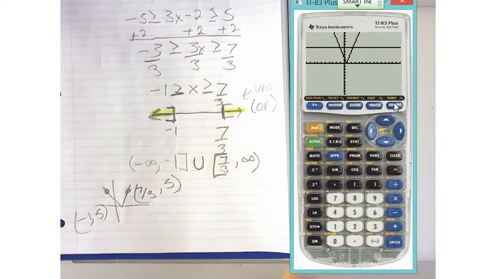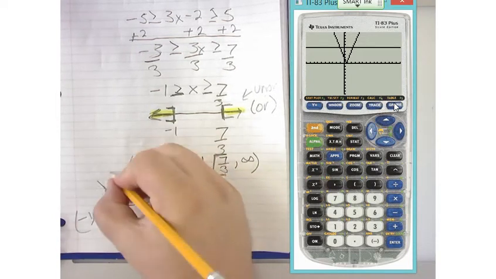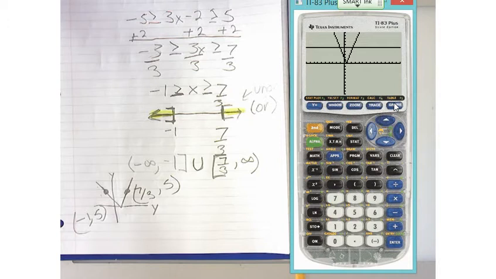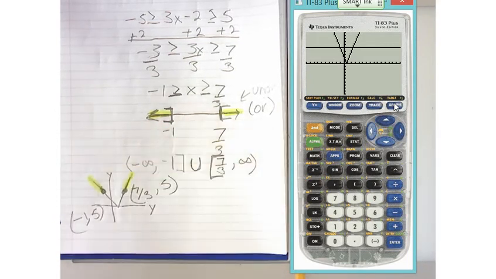Now what are we referring to when it comes to the graph? If I were to shade in what we're referring to on the graph, what am I talking about? All these values that are on the graph, but then there's a whole bunch of stuff outside of the graph too, because it's greater than.